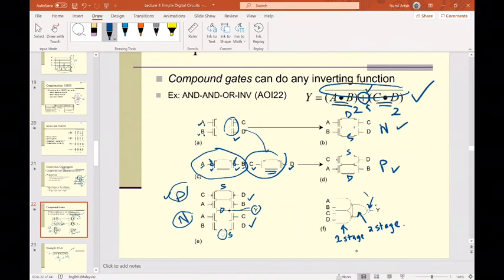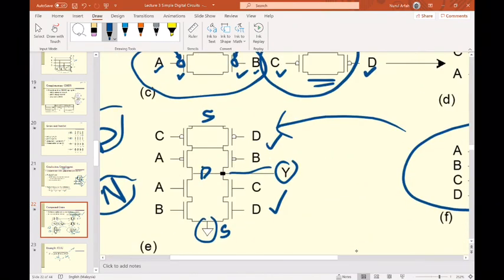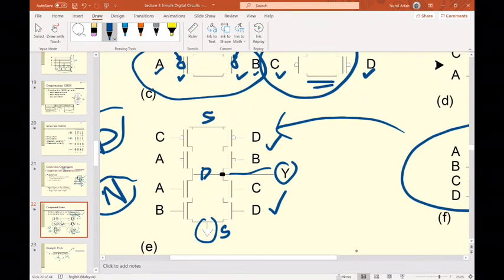Okay. So what is inside this? The gates here are the pass transistors, or all the transistors inside this. So how many transistors do we have? If you look at here. How many transistors? 8.